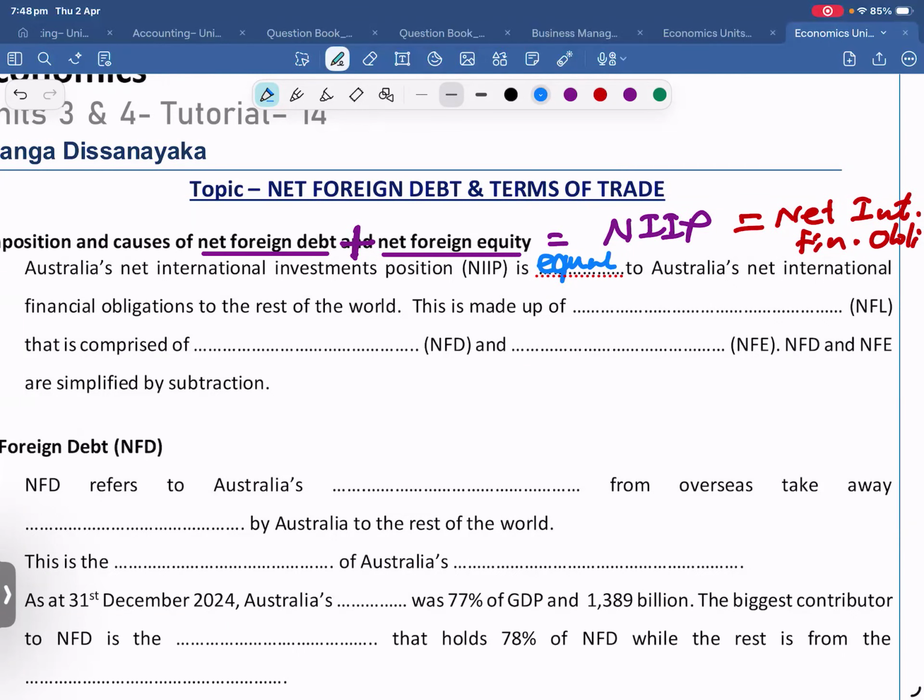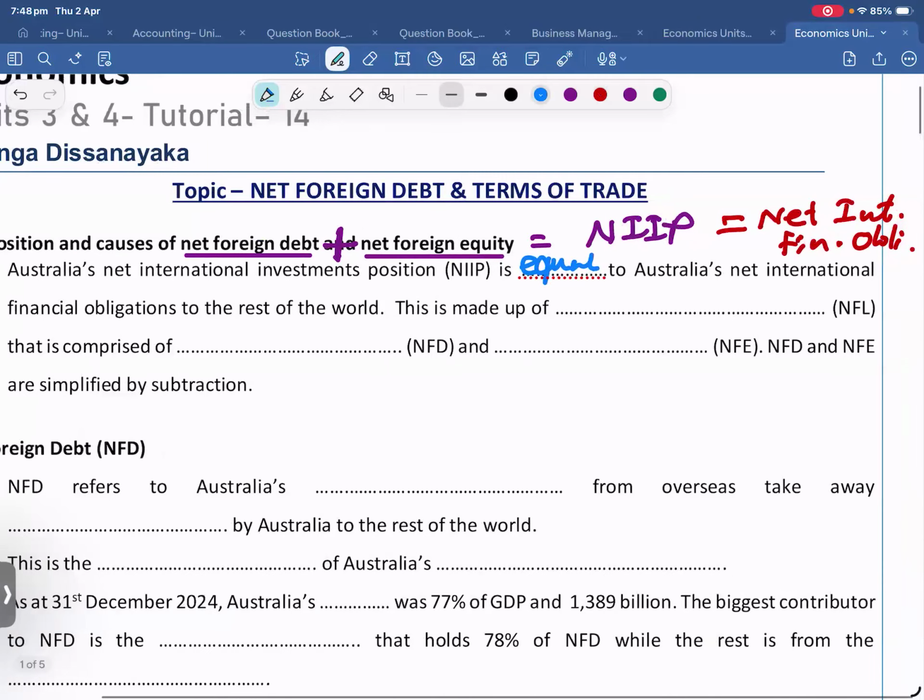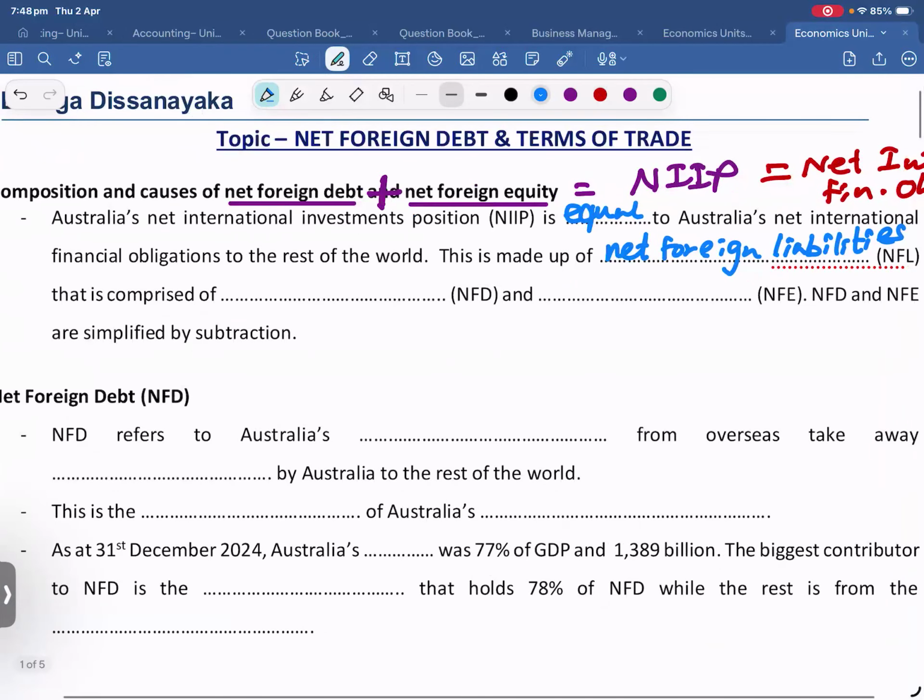This is made up of net foreign liabilities, which we call NFL. Not the American, not the footy one, not the football thing.